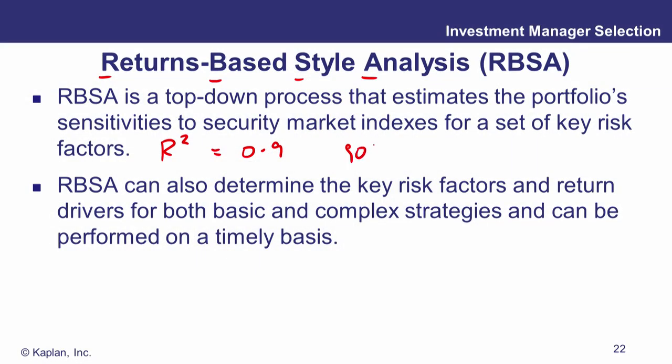An R-squared of 0.9 would mean the model we've created explains 90% of your returns passively. These market indices can recreate 90% of your portfolio's returns, but that leaves an error. And guys, that 10% error, in past exams, they might interpret as more active management.